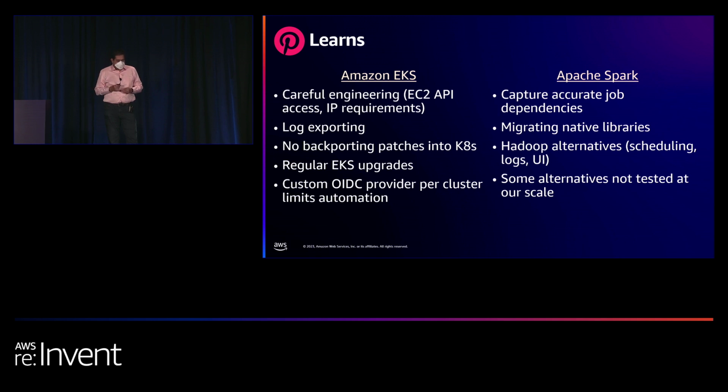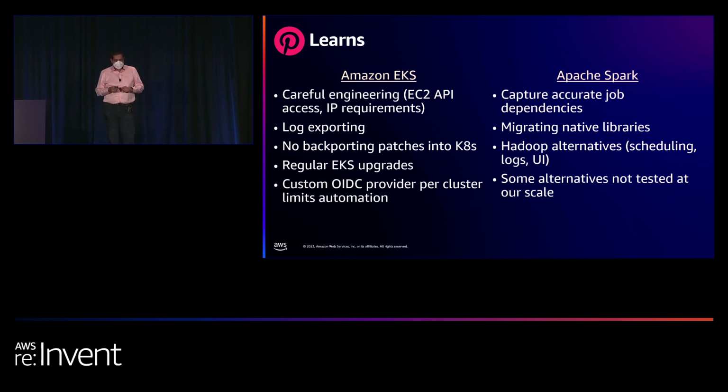On the Spark side, I could probably talk a fair amount on just that alone, but I'll keep it brief. One of our goals for migration was we wanted to keep all the details hidden or transparent to the user. So from our internal customer standpoint, they're simply writing Airflow DAGs, and they don't care where it goes to, whether it goes to Hadoop or whether it goes to Mocha, that should be immaterial.